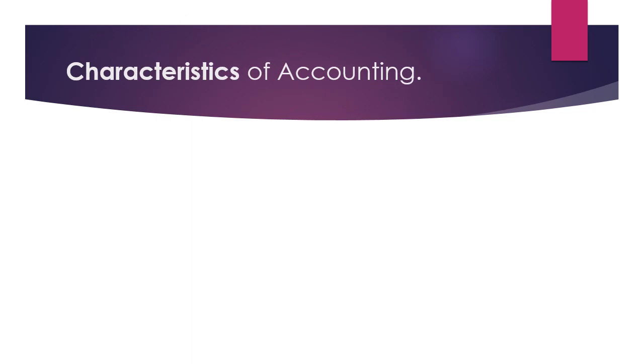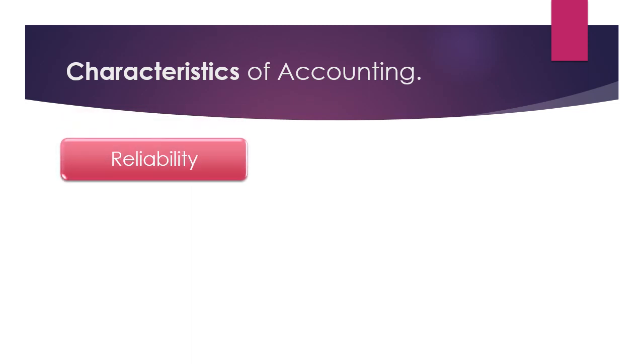Characteristics of accounting. The objective of accounting is to provide information about the financial position, performance, and changes in the financial position of an enterprise to the users of such information. The accounting information, therefore, should possess the following characteristics.